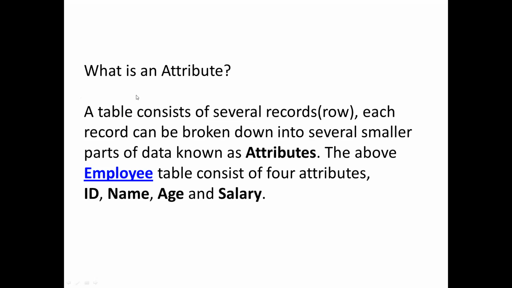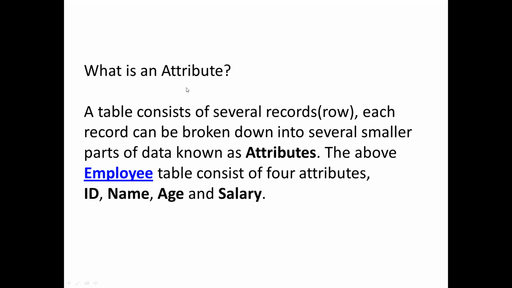And then what comes next? What is an attribute? A table consists of several records or rows. Each record can be broken down into several smaller parts of data known as attributes. The above employee table consists of 4 attributes: ID, name, age, and salary. So a table consists of several records, that is, horizontal values. There we have 4. Each record can be broken down.